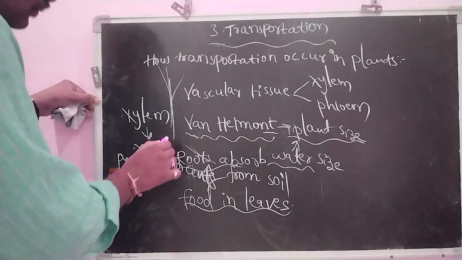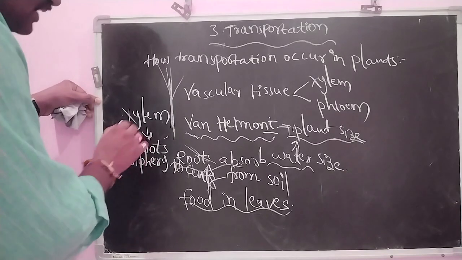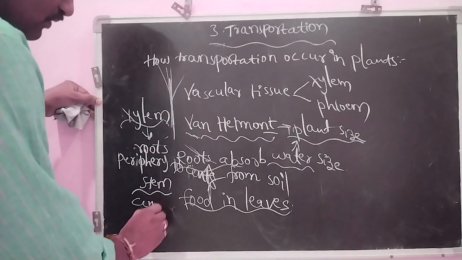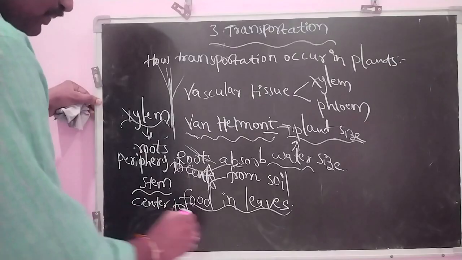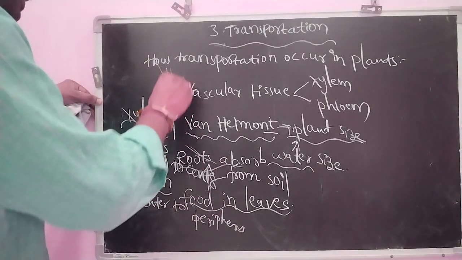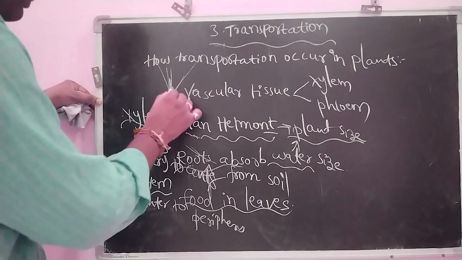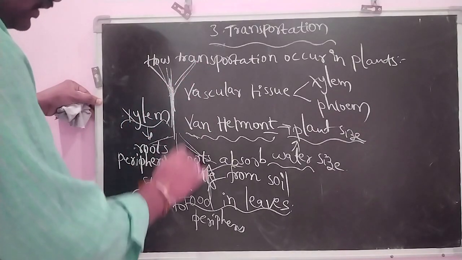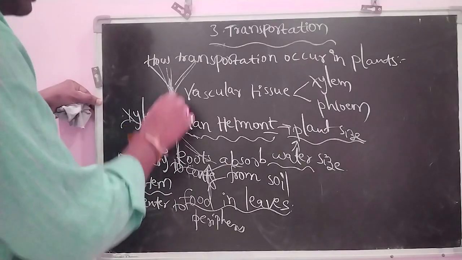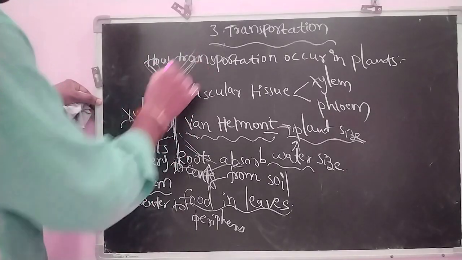Whereas the xylem in the stem is present from center to periphery, because the water from here has to be distributed. So periphery to center in roots, and center to periphery in the stem.